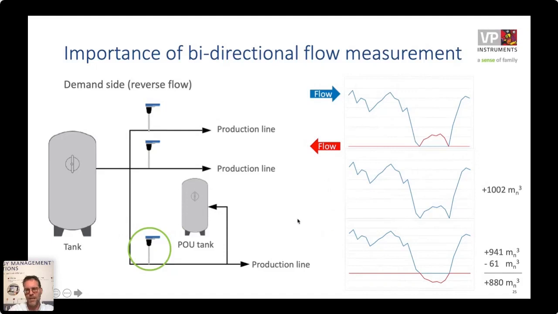And we have seen this in factories with ring networks, in factories with multiple compressor houses, and also in factories where they have all these distributed point of use tanks. And that's where we recommend using a bidirectional flow meter. And this feature is available in our products.